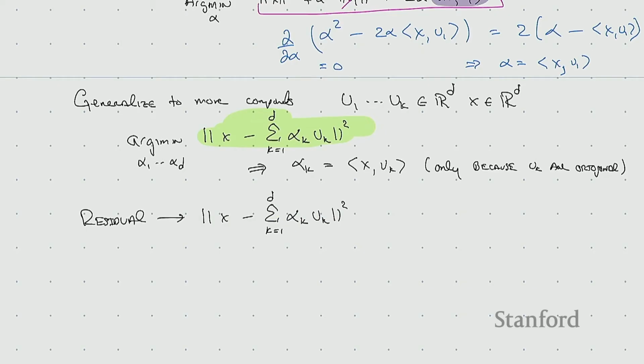And what we care about when we're going to do PCA is we want to find a set of directions such that when we do this projection onto them, the sum of all the residuals is minimized. So this tells us the residual for a given point in a given basis.